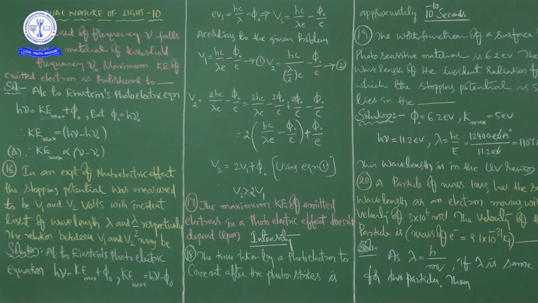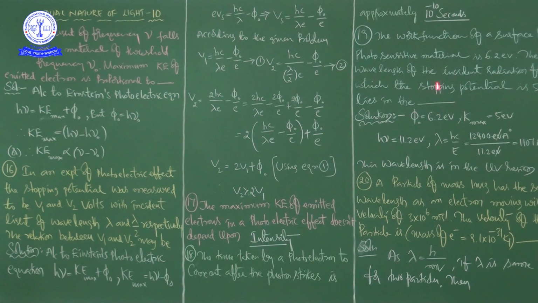Okay, right. Next, see here, next question, 19th question. The work function of a surface of a photosensitive material is 6.2 electron volt, right?